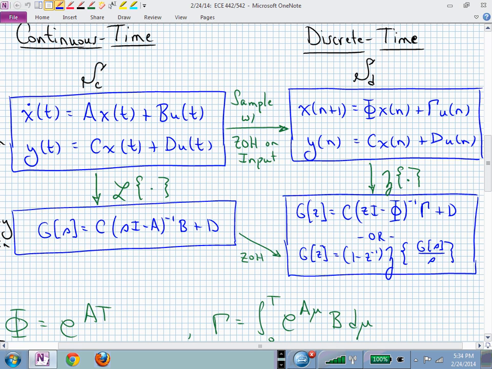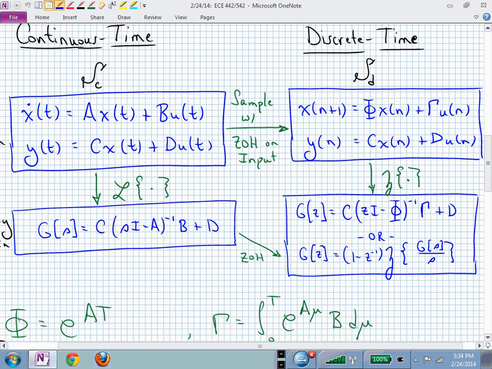We could start with a continuous time state space representation, which I'm calling script S sub C. We could put a zero order Hold at the input, which means hold the input constant for one sample period at each sample period, and that produces a discrete time state space representation.